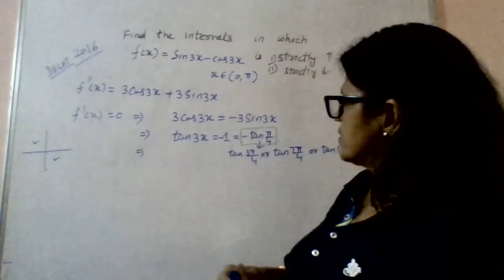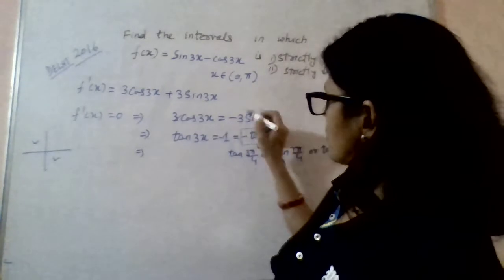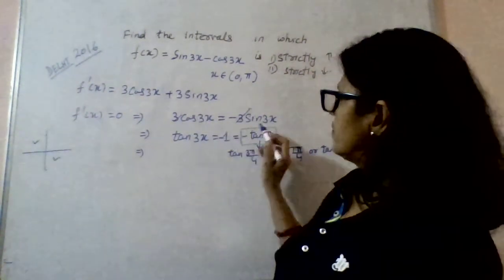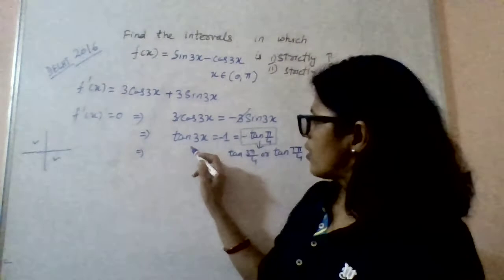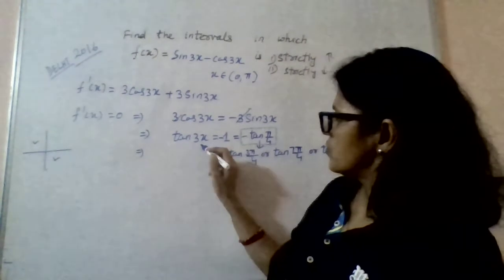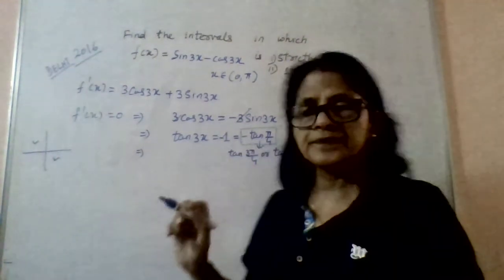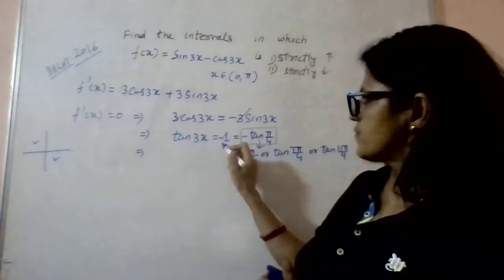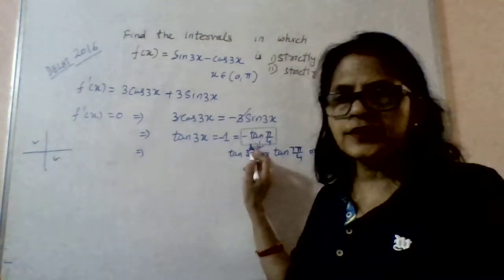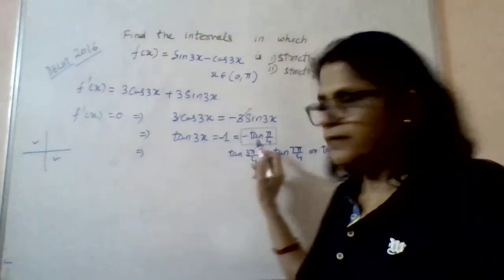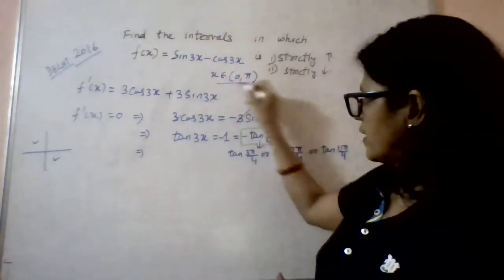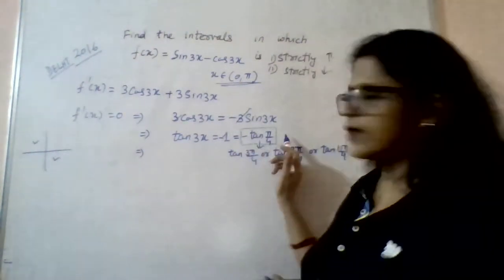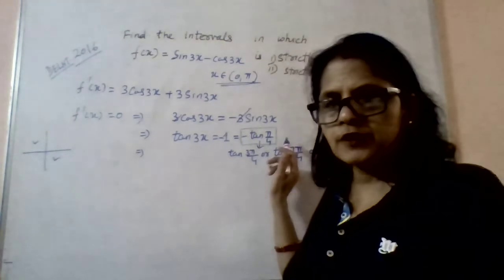Dividing both sides by cos 3x, you can have 1 equal to minus tan 3x, or you can say tan 3x equal to minus 1. As you know, tan 3x equals minus 1 can be written as minus tan pi by 4, right? But we have the restriction x belongs to 0 to pi, so we cannot write here tan of minus pi by 4.